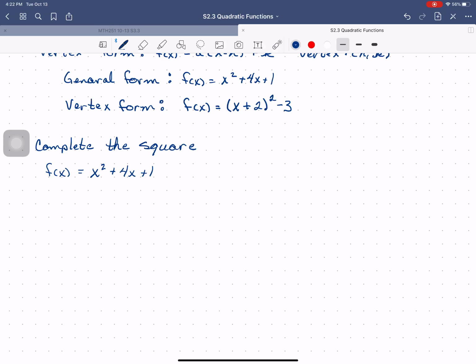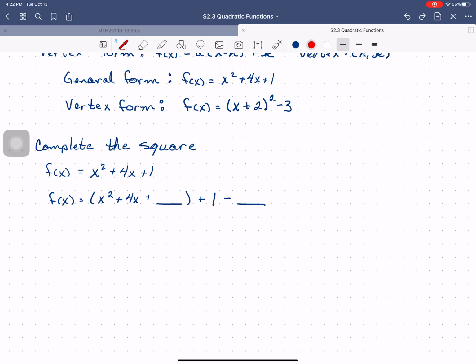So the first step is to group my x's together inside a set of parentheses, but I'm going to leave a blank. And then I'm going to copy the rest of my formula, but I'm going to add something, so I need to then subtract something. Now, if I had something other than 1 in front, I would factor that out of these x's at that point. In this case, I don't have anything but a 1, so we can ignore that. I'll do an example with a coefficient that is not 1 in a minute.